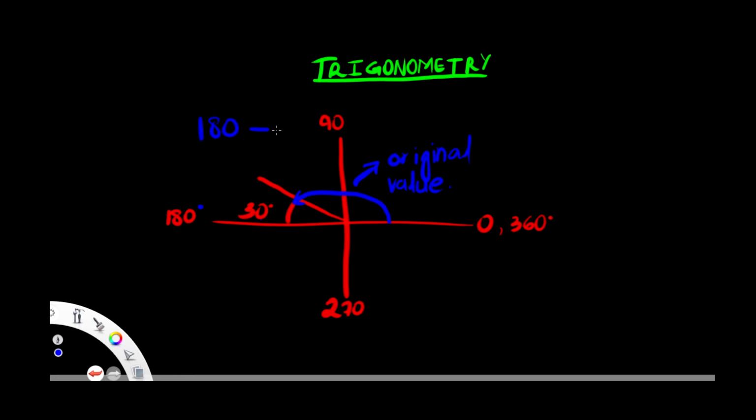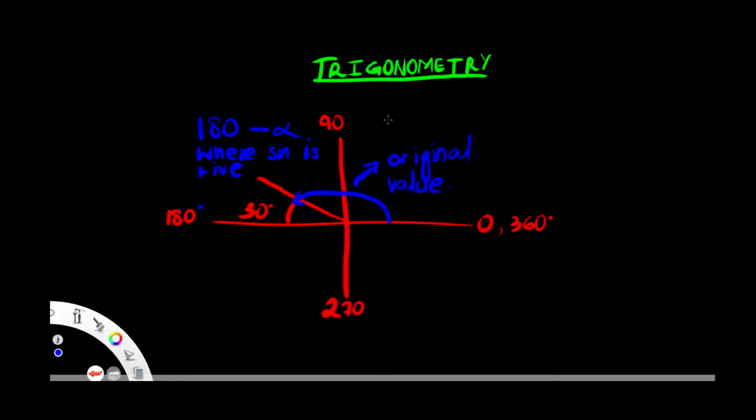So in the second quadrant, where sine is positive, we subtract the basic angle from 180, that is 180 minus alpha.